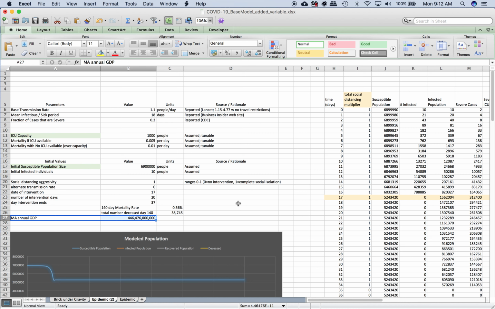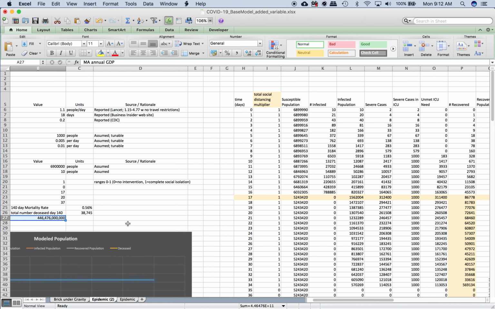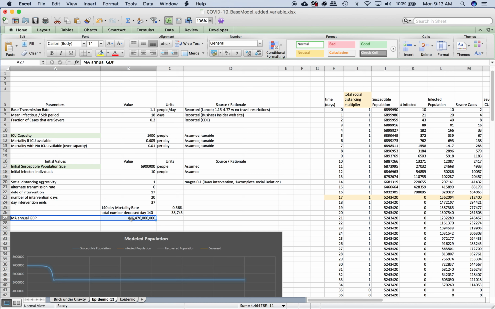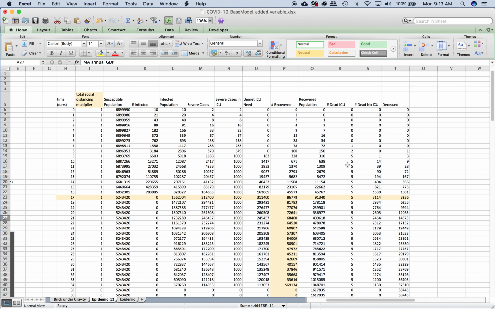If we want to do a very rough back-of-the-envelope calculation, we would want to know how much each individual is contributing to this GDP per day, because our time units are days here. So let's first calculate what our total population is.